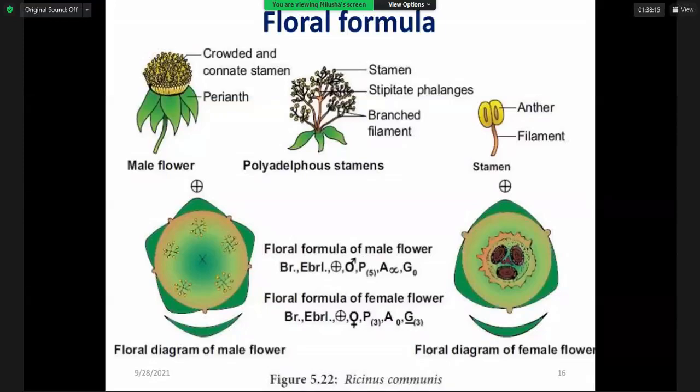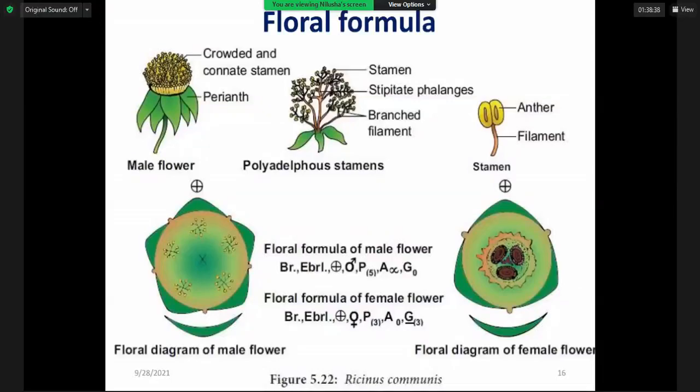Next we write the gynoecium, that means G and 0, because in the male flower there is no gynoecium. Is it okay? Okay, ma'am. Next we are going to see the floral diagram of the female flower.